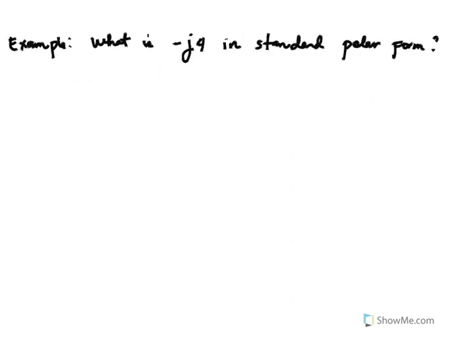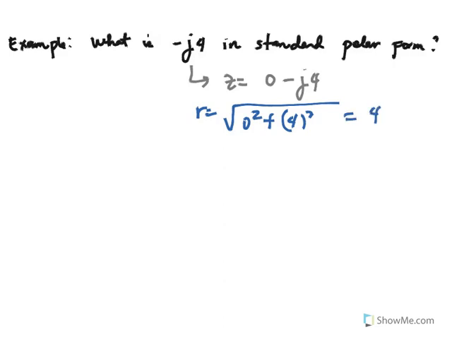Okay? Likewise, if you have negative j4 as your z, this one can be written as z equals 0 minus j4. If you solve for your modulus r, that's the square root of 0 squared plus 4 squared, that's 4. And pag ginraph natin yan, this is associated with the point 0, negative 4 on the argand plane.